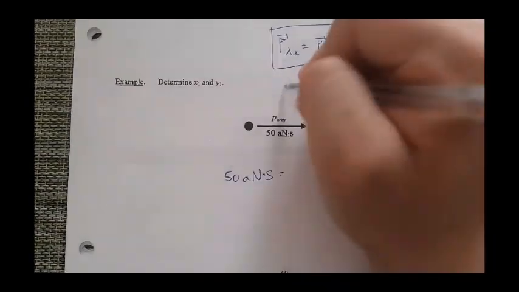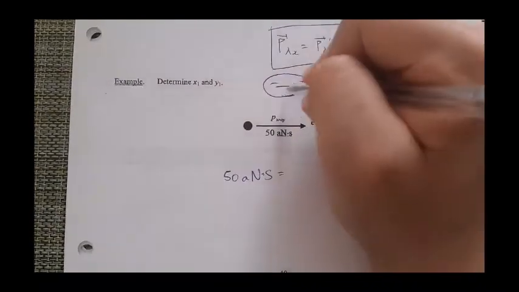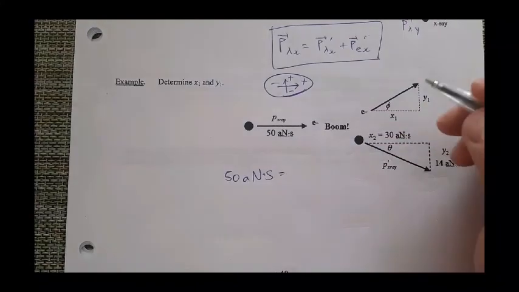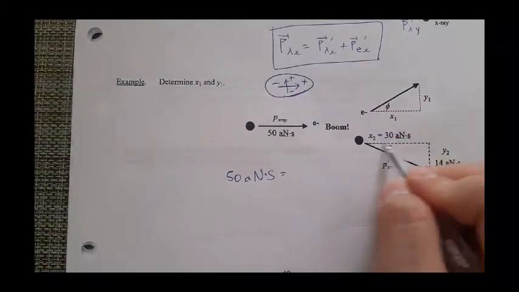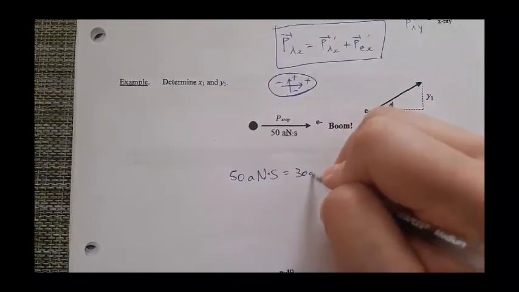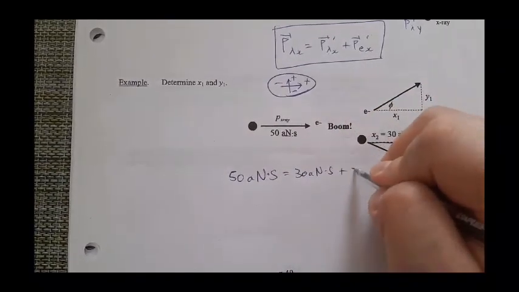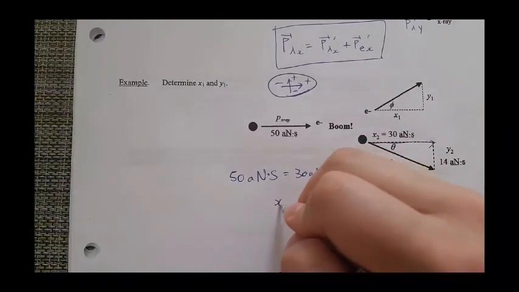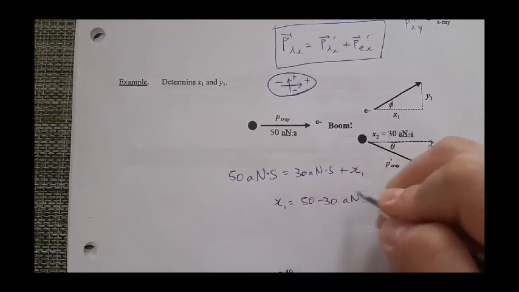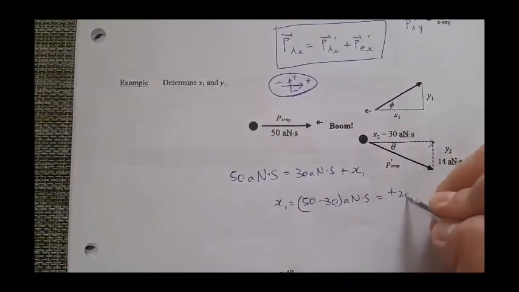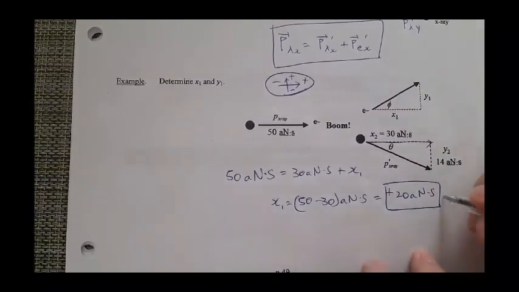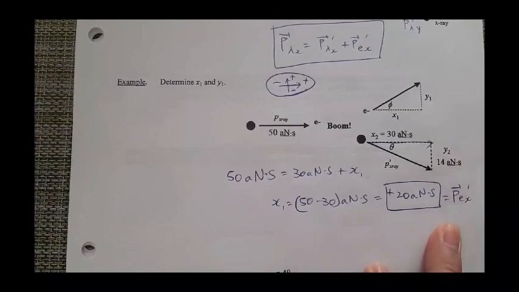That is equal to, and let's decide right and left as positive, same as up as positive, like the Cartesian plane. 50 is equal to, and we know our X-ray is positive 30 A and S, and we don't know what this X1 is. So just simply subtract 50 minus 30 A and S. So it is positive 20 A and S. That's my PE X final.